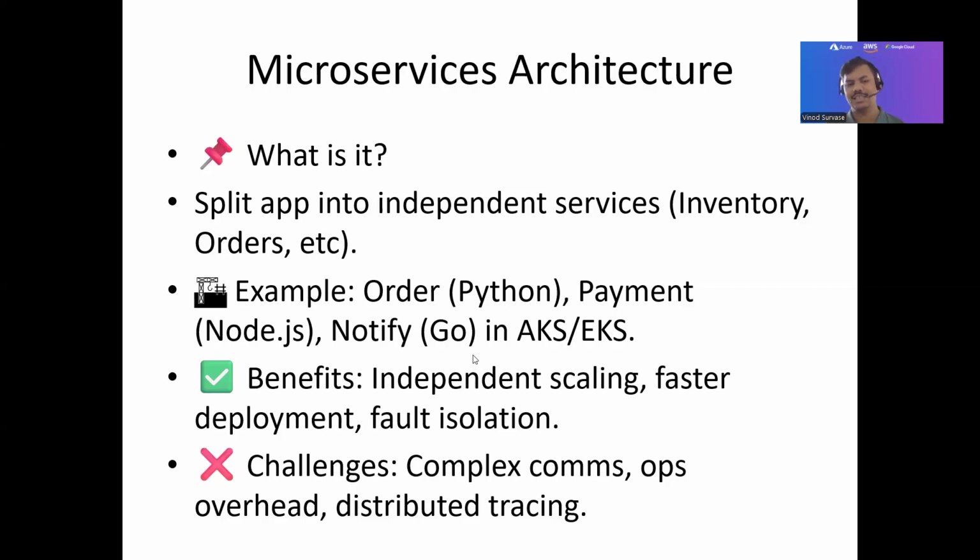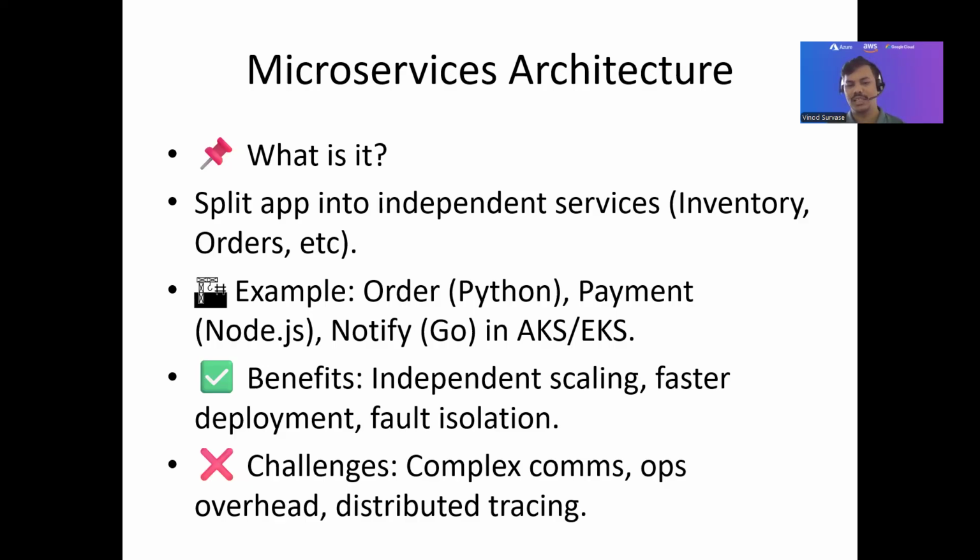But you can see there is a challenge, which is complex communication, operations overhead, and distributed tracing, right? So these are the different challenges over here as well, wherein there is complex communication between different services, and that really needs to be bound together so that whatever we are deploying, building, and using is going to be in alignment with the processes and is going to work, right?